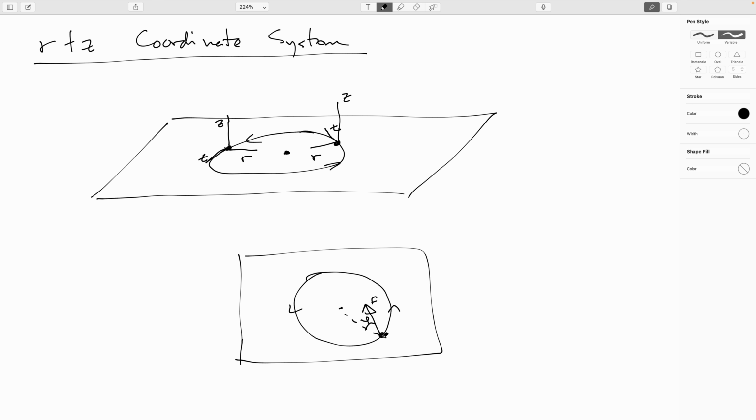And now the tangential piece would be what I get dropping here. This would be F tangential, and this would be F radial, which we've kind of seen before when we were talking about circular motion. We're just trying to extend the idea. So the radial piece of my force would be F cosine phi in this case, and the tangential piece would be F sine phi.